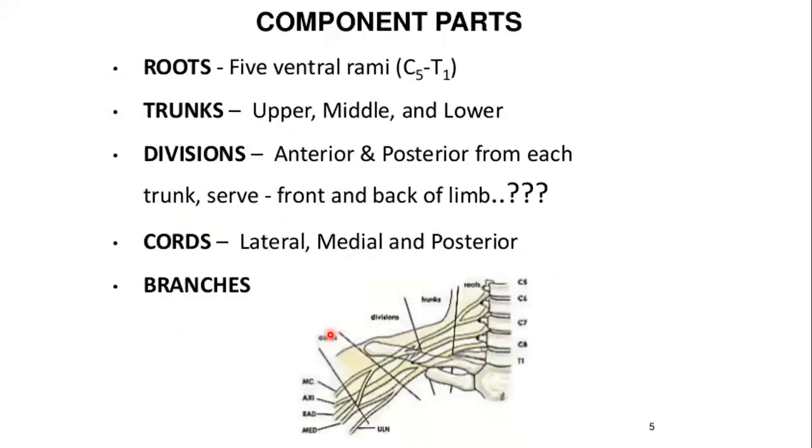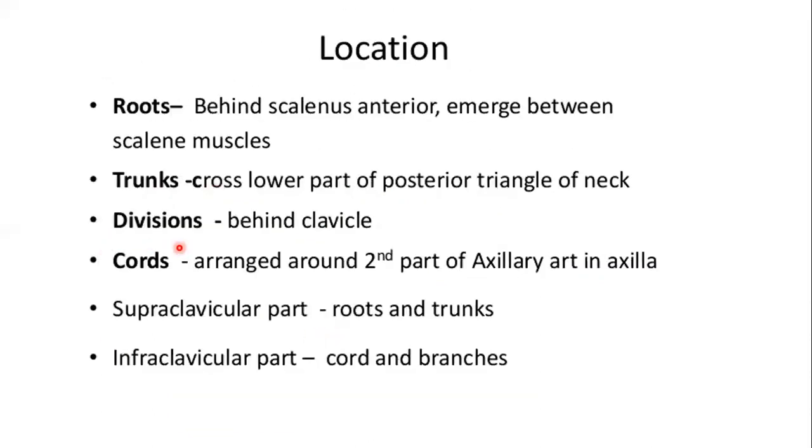The cords lie below the clavicle, and they are arranged around the second part of the axillary artery in the axilla. The lateral, medial, and posterior cords are arranged around the second part of the axillary artery.